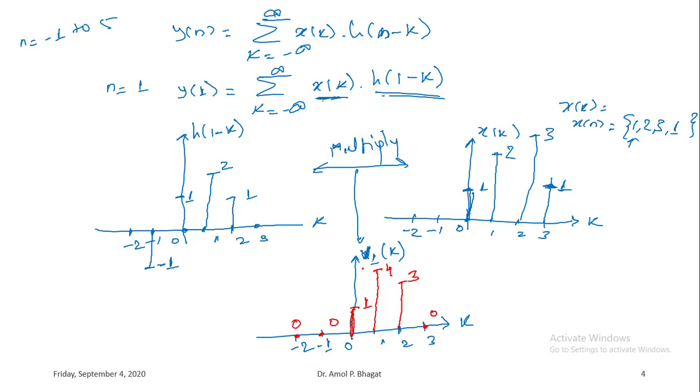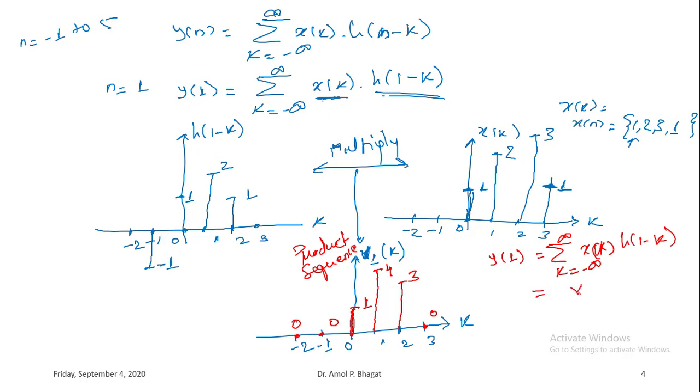So this is nothing but your v1 of k, that is the product sequence. So here you got the summation over k equals minus infinity to infinity of x of k multiplied by h of 1 minus k, right?